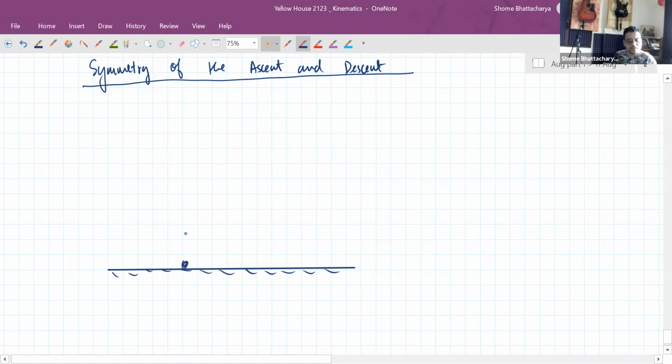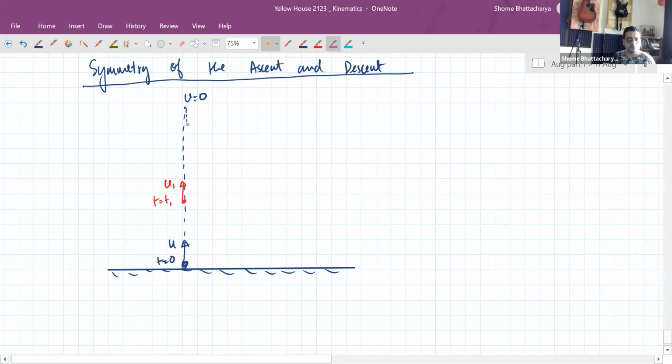So the symmetry of the ascent and descent part is something like this. If we are projecting something at time t equal to 0 with an initial velocity u like this. Now on its way up, it's going to this point here when its velocity becomes 0. So on its way up, suppose it's at some position with a velocity v1 in the upward direction at time t1.